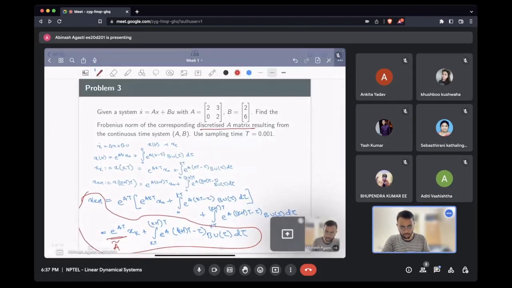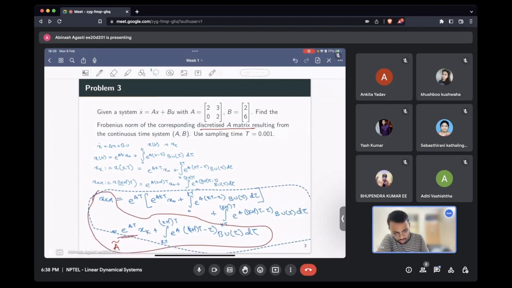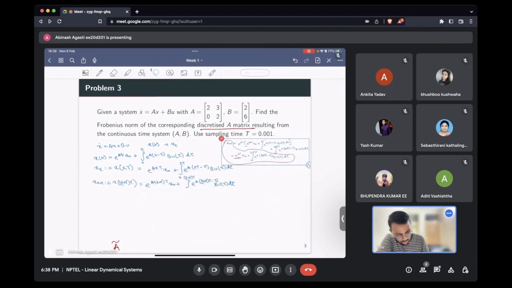Yeah, so you can see this. I had that e to the power A times the sampling time is the new discretized A matrix. But now, how do I find it? I want to find it for AT, my new discretized matrix.